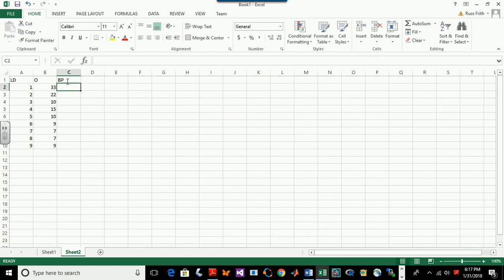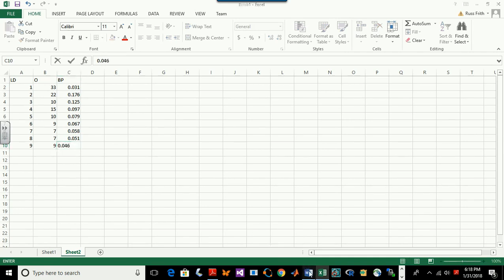So this would be 0.301, 0.176 for 2, 0.125 for 3, 0.097 for 4, 0.079 for 5, 0.067 for 6, 7 is 0.058, 8 is 0.051, and 9 is 0.046. So where did these numbers come from?